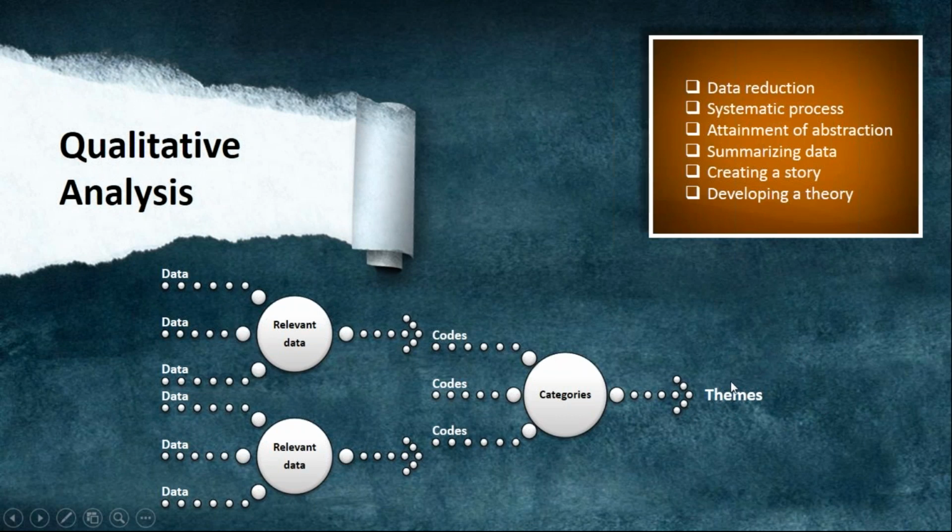That's why when you are presenting the findings, sometimes you have to quote participants to support the themes that you have. And it's also a way of creating a story, right? Participants are giving you their stories and you want to bring all of them together and tell one story. The story should represent participant stories, right?